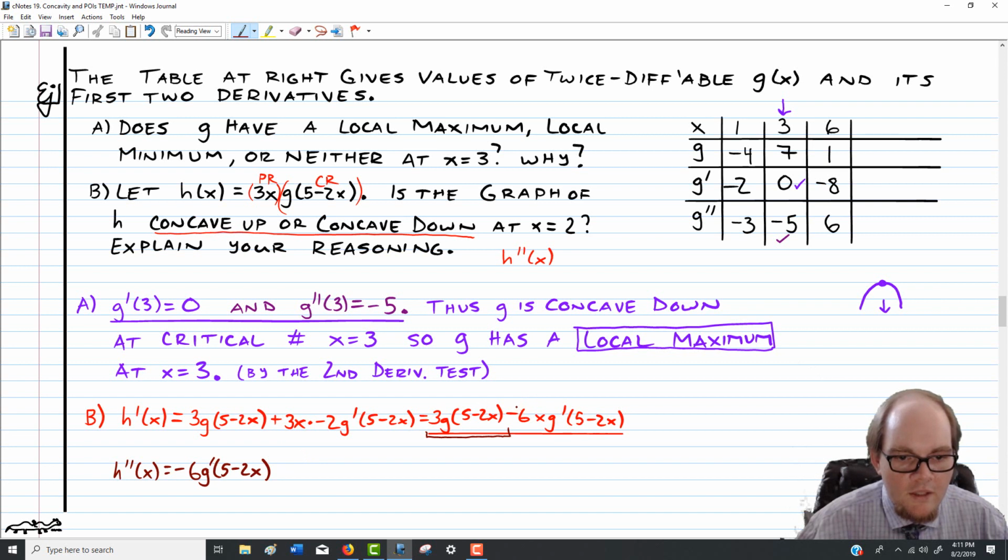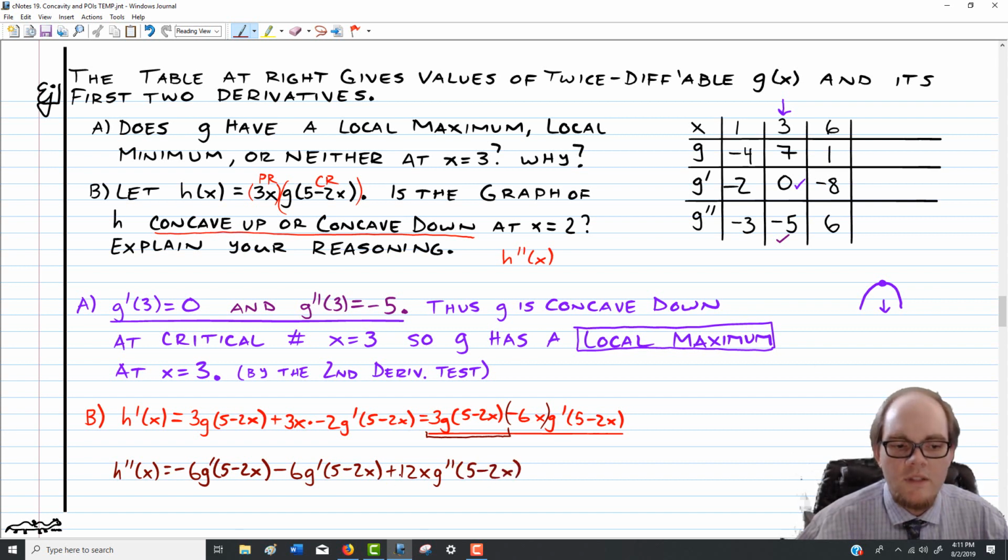Then on the next one, we'll again need to use the product rule. Looking in there, those are going to be my two pieces. We'll have minus 6 g prime of 5 minus 2x. And then digging into all the pieces, we'll have a derivative of negative 2 coming out. So we'll have plus 12x, because negative 6 times negative 2, and then it'll be g double prime of 5 minus 2x.